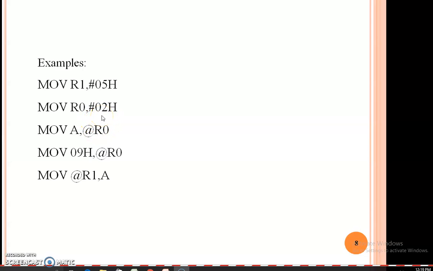That 02 memory location has some data. That data is moved into the accumulator. Like that, @R0 means the 02 memory location has some data, and that data is moving into another memory location. That memory location address is 9. Here the hash is not there, so 09 is an address. So like that you can use indirect addressing mode.